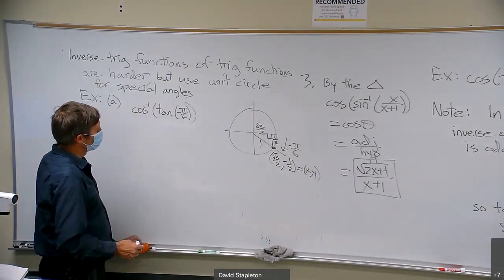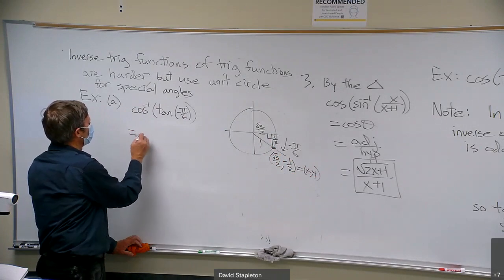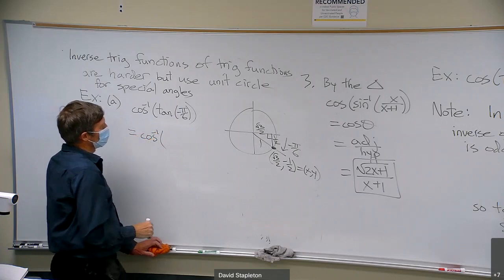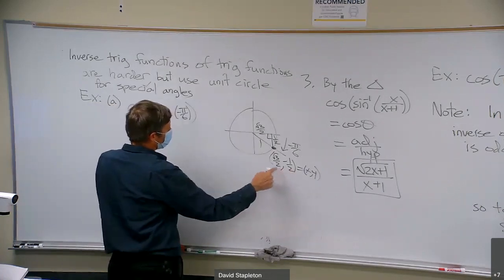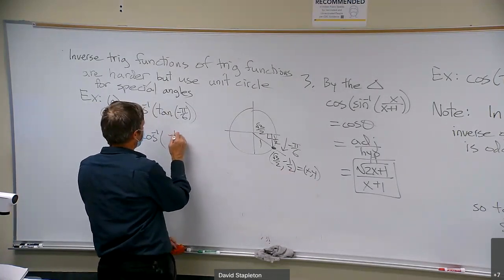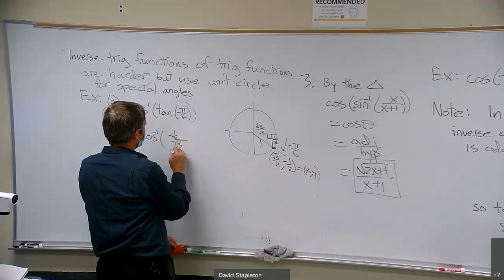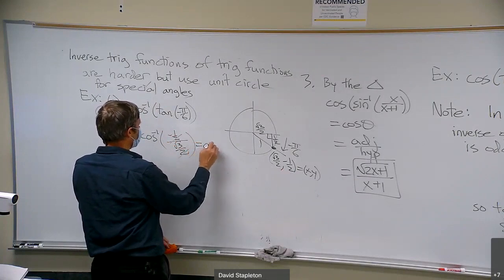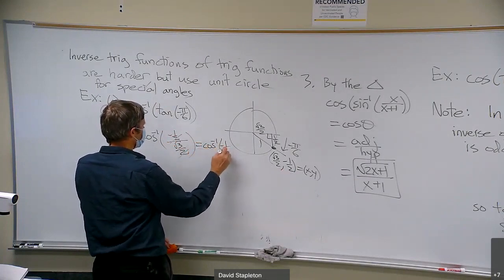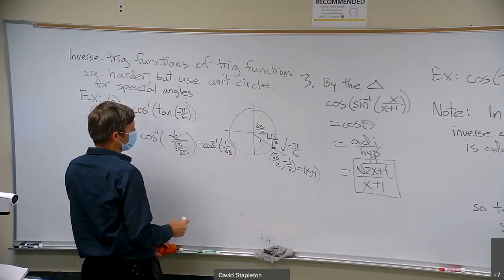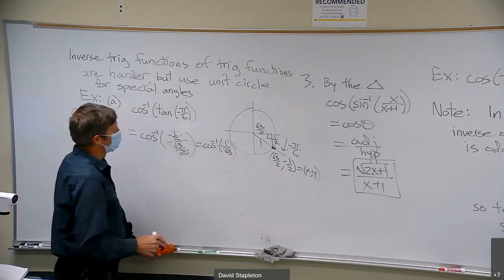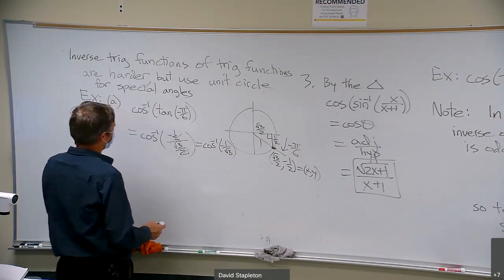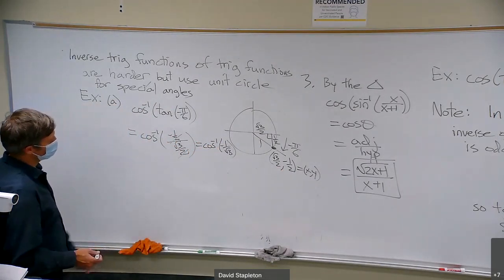So I'll take the tangent of minus pi over 6, and that's the y over the x. That is y over x is minus 1/2 over square root 3 over 2. The denominators both being 2 cancel. It's the arccosine of minus 1 over square root 3. And this is as far as I can go, unless this comes from a special angle.